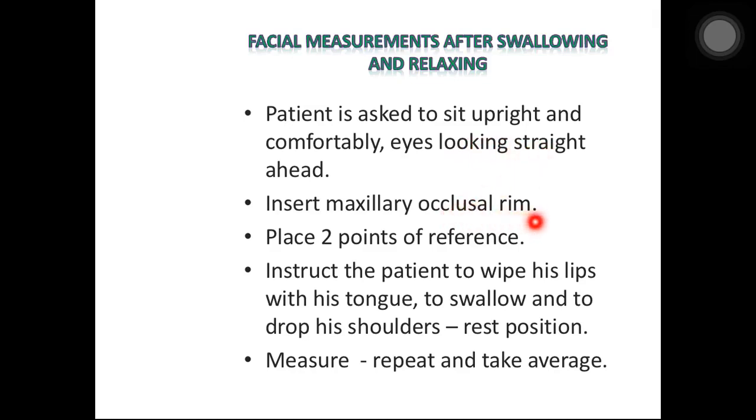Then maxillary occlusal rims are inserted, 2 points of reference are recorded, and the patient is asked to wipe his lips with his tongue, to swallow, and to drop his shoulders in a rest position. Then the 2 points that we have recorded for reference are measured, and that measurement is called the vertical dimension of rest, or rest vertical dimension.